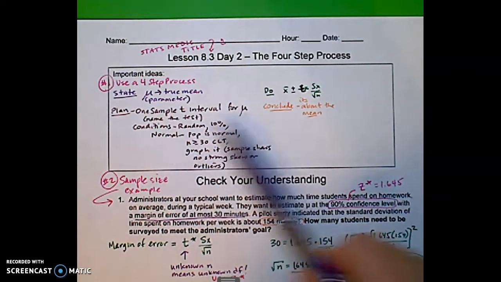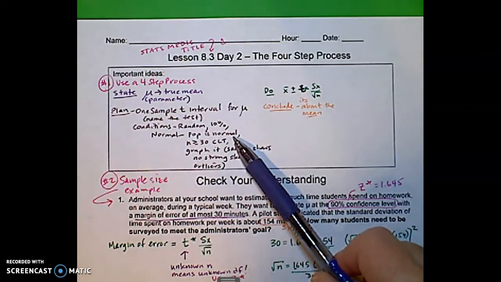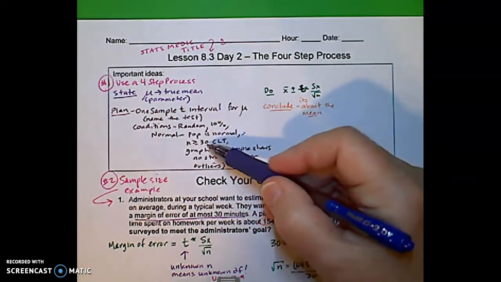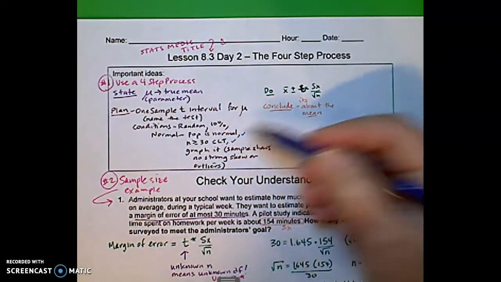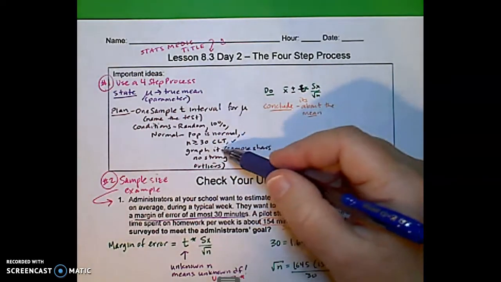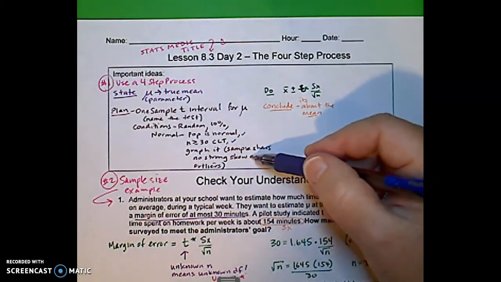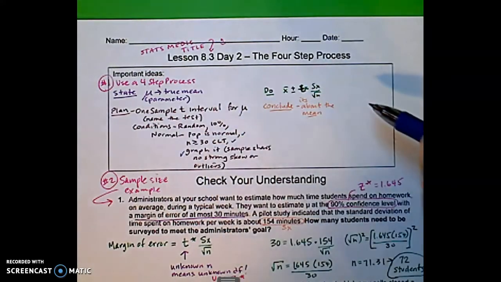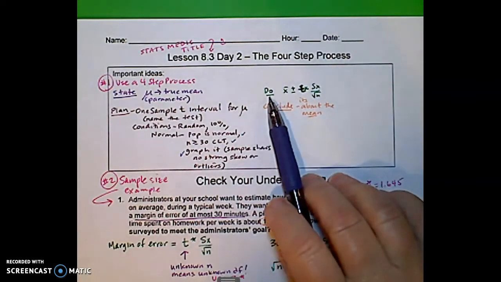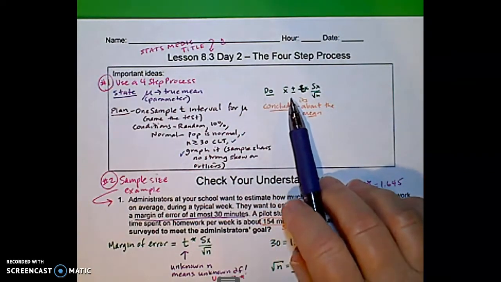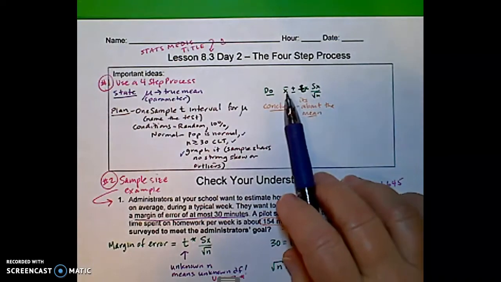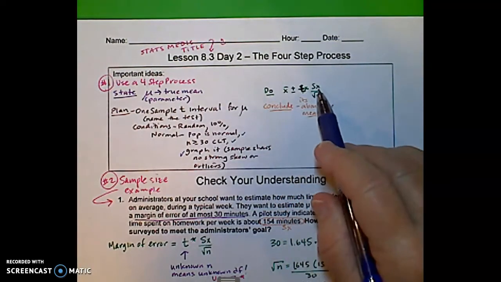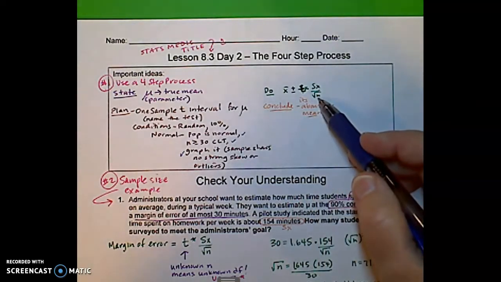Name the test. The conditions: randomness, 10%, and normal. Remember, for the normal, we either know that the population is normal, or we know that the sample size is big enough and fits the central limit theorem, or we know the sample shows no strong skew or outliers, and we're going to graph it to show that. Our mechanics: we're going to do our confidence interval, which is x bar plus or minus t star times s sub x over square root of n.